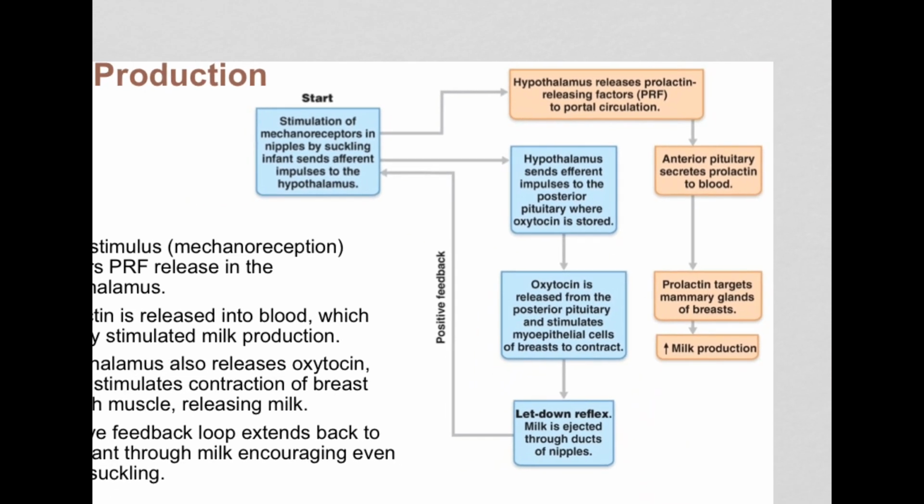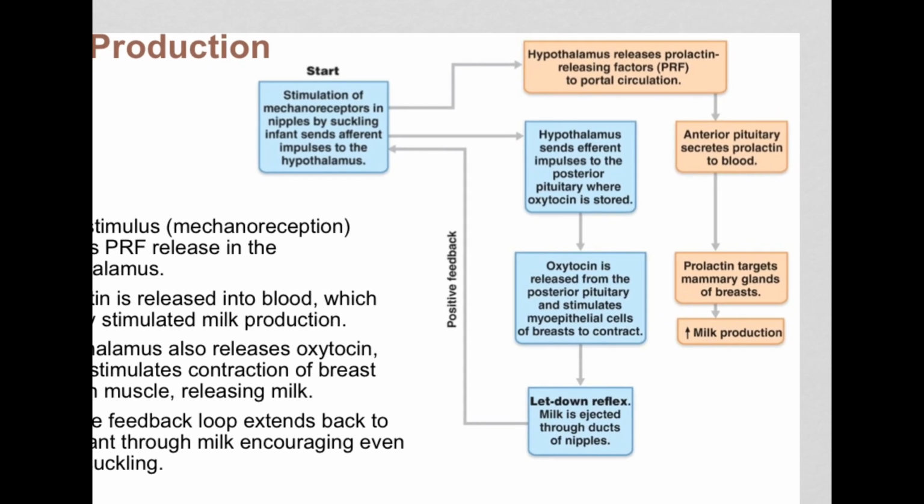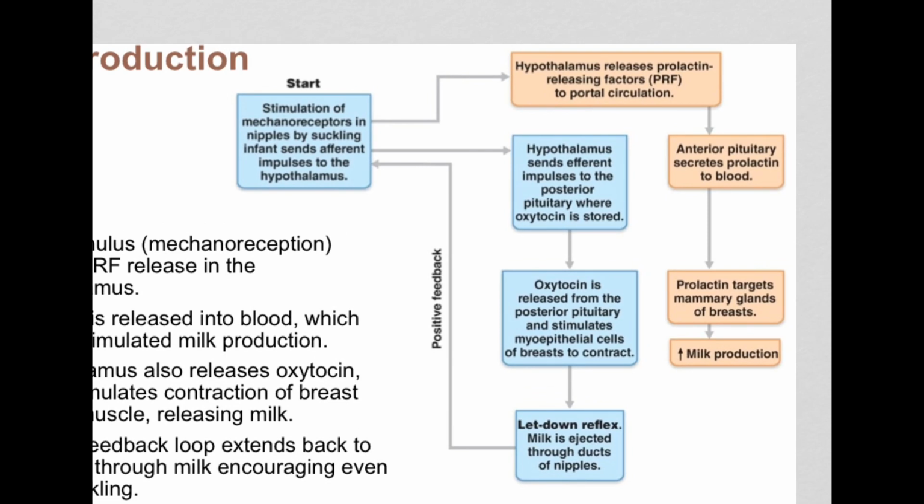And that initiates another positive feedback loop. Okay, we haven't seen many, but two of them are right here. And so the thing that'll happen is that mechanoreceptor activity will stimulate the release of PRF, prolactin releasing factor, in the hypothalamus, which stimulates the release of prolactin then. The name makes sense.